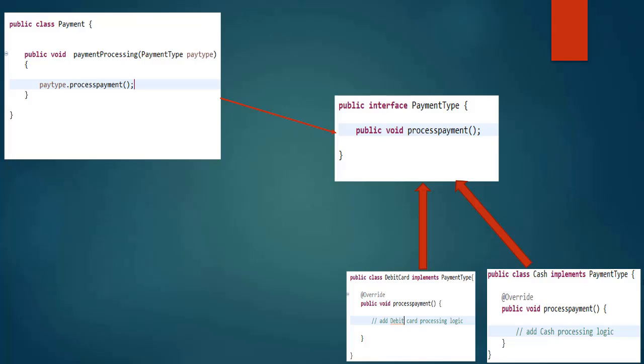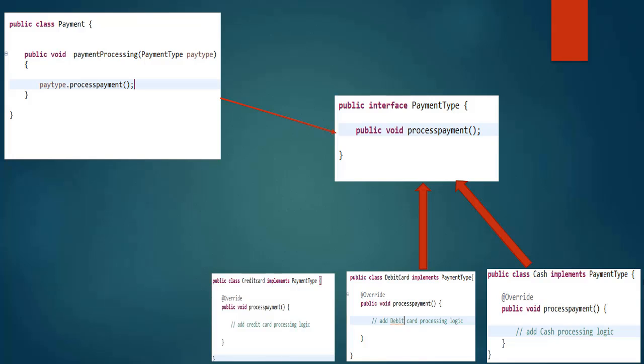And these classes, the cash or debit card, have logic defined in them and know best what to do. Now if I want to add a new payment type, say credit card, I need not change or add any logic to the payment class. I just need to create a new class, the credit card class, which needs to implement the interface payment type and define its own payment processing logic.